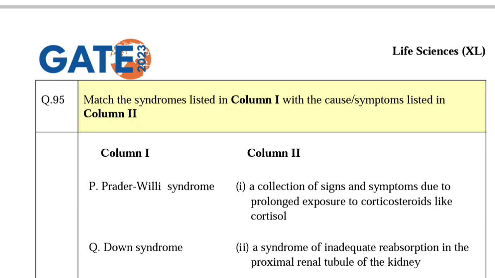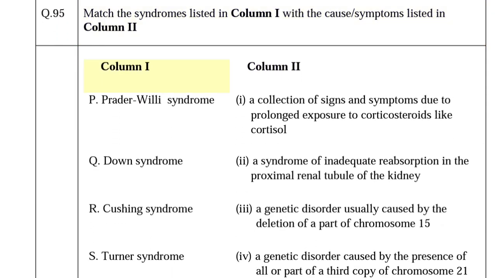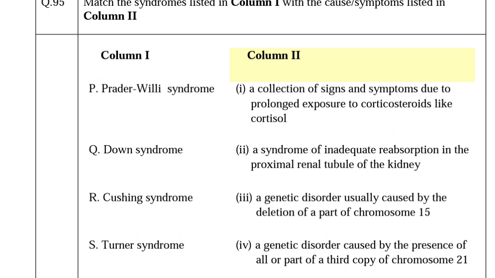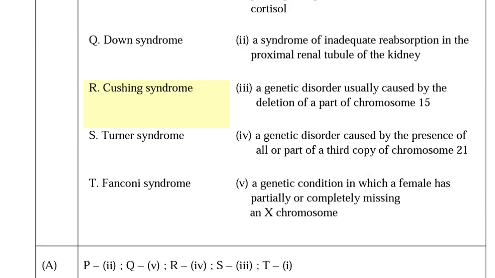Match the syndromes listed in column 1 with the cause or symptoms listed in column 2. Column 1: P. Prader-Willi syndrome, Q. Down syndrome, R. Cushing syndrome, S. Turner syndrome, T. Fanconi syndrome. Column 2: I. A collection of signs and symptoms due to prolonged exposure to corticosteroids like cortisol. II. A syndrome of inadequate reabsorption in the proximal renal tubule of the kidney. III.